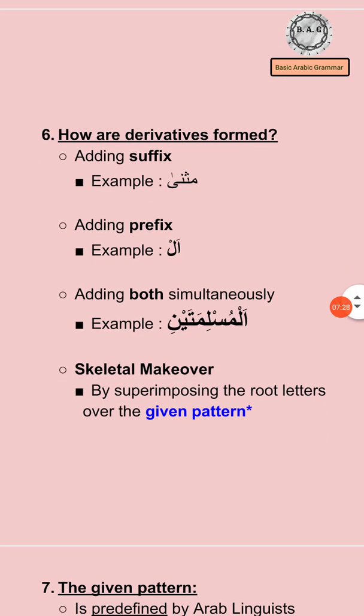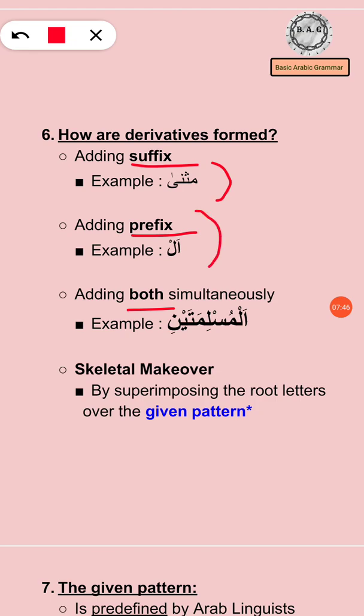Next pointer says: how are these derivatives formed? Well, there are plenty of ways that we can form a derivative. We have covered a few of them actually. We could either add a suffix or a prefix, or we could do both. We did the examples as well. We did musanna, where a suffix was added. We did prefix, where an ism is made more definite by adding alif lam to it.